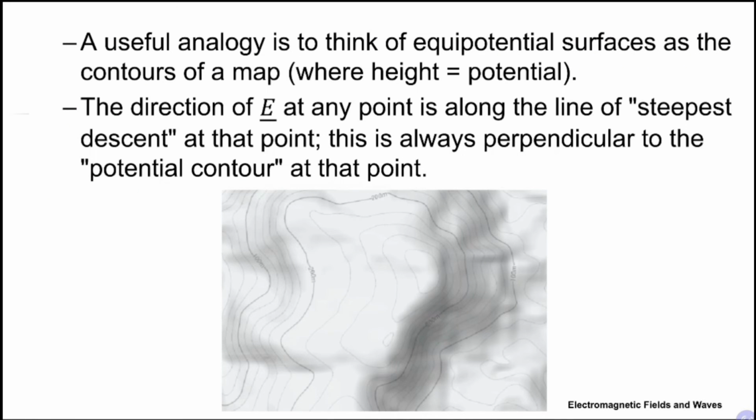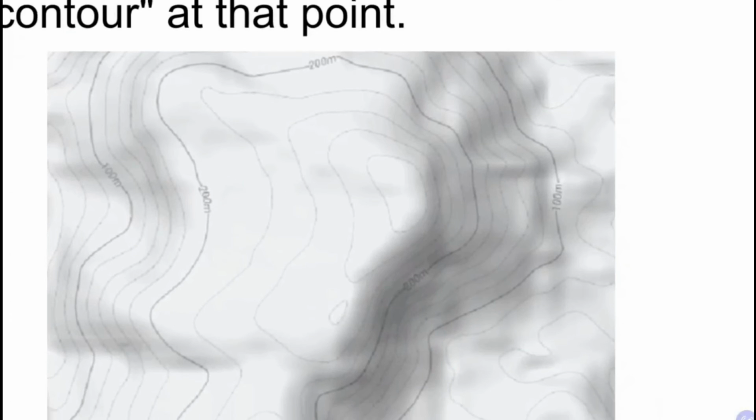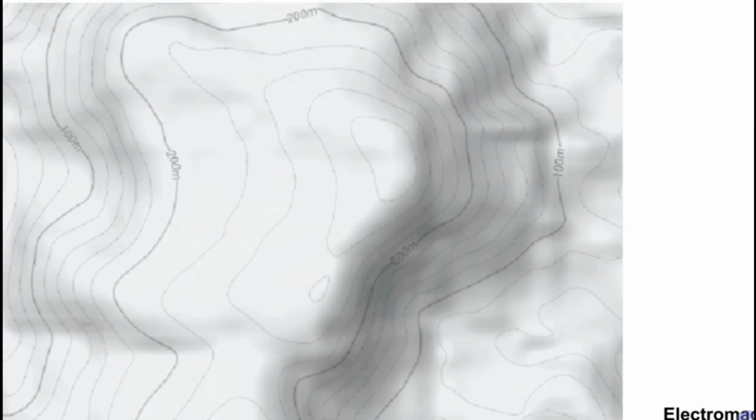To further illustrate this, another application of equipotential: we use this in the electric field to find equipotential surfaces, but it also appears in a map. I'm not sure whether you can see this map here. Here is 200 meters, here is 100 meters.